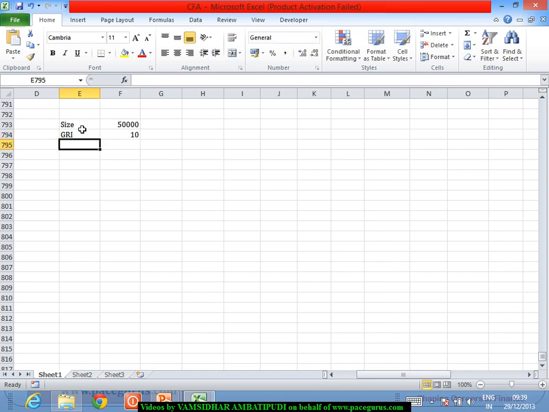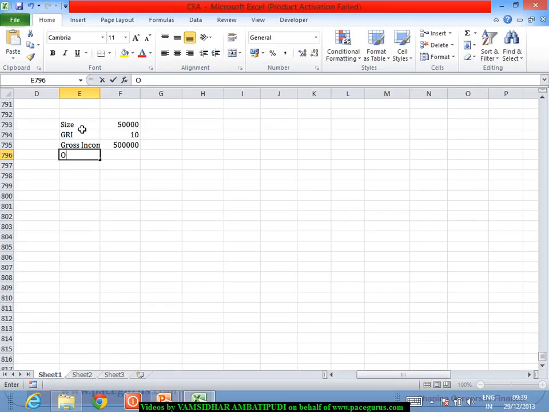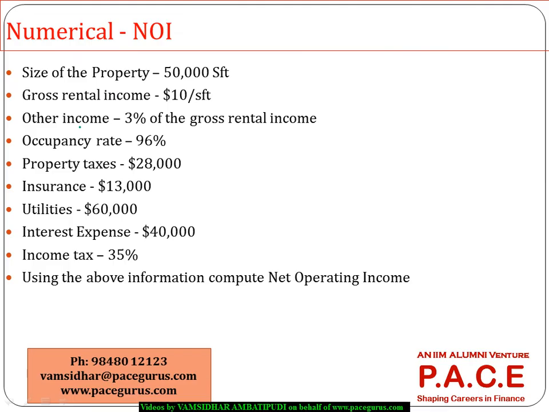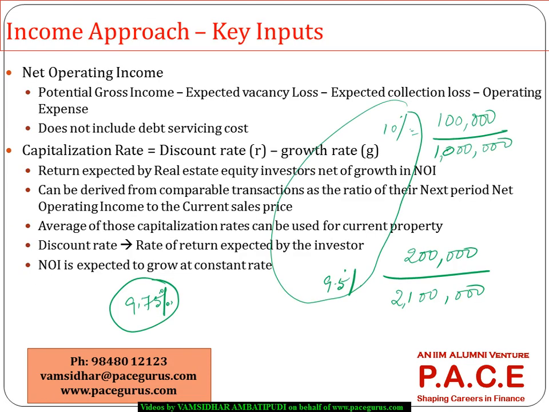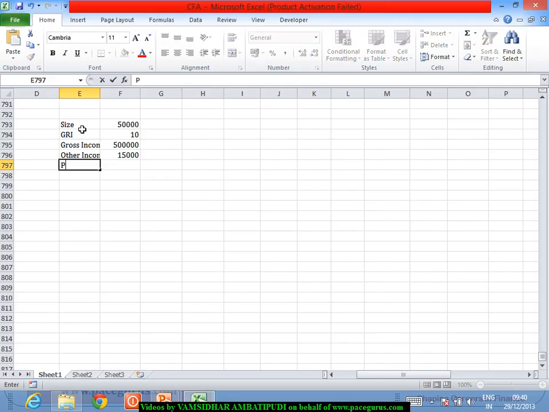So the gross income is 50,000 into 10, so 500,000 is what I can expect. Other income is 3% of the gross rental income. So this is what we call potential gross income.